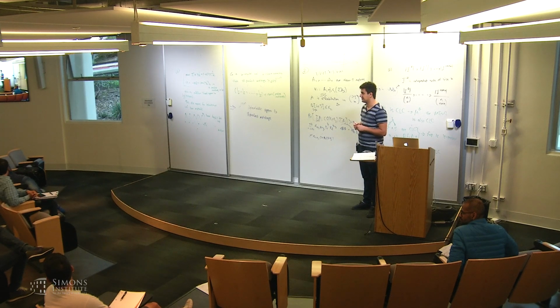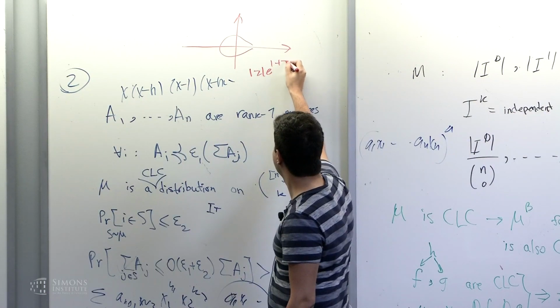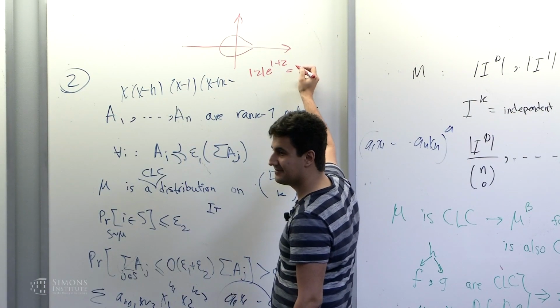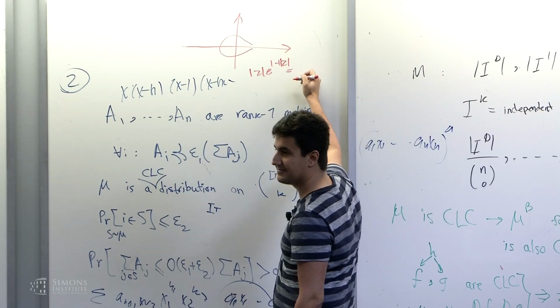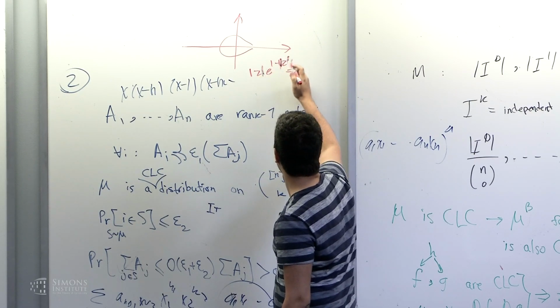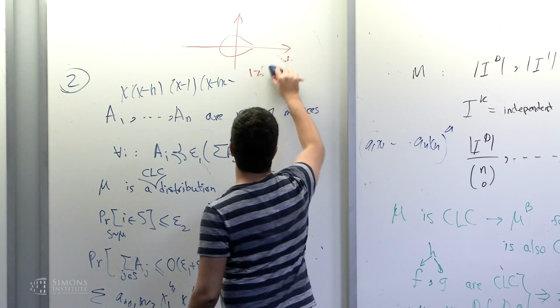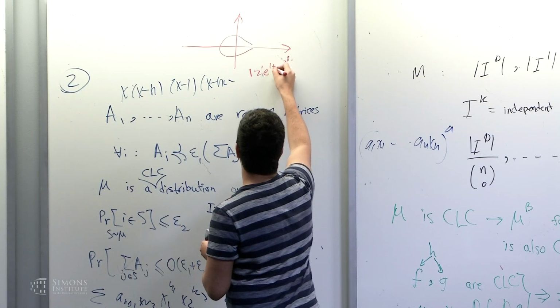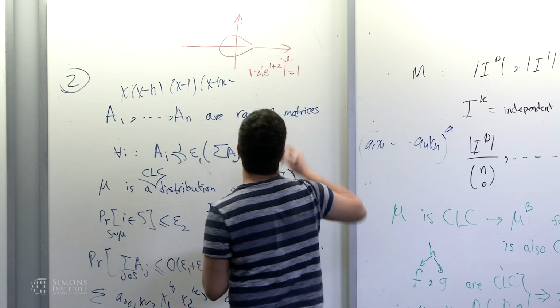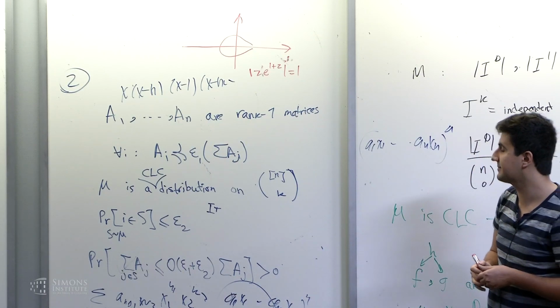They converge to the curve where the absolute value of z times e to the 1 minus z equals 1, with the absolute value of z not exceeding 1.